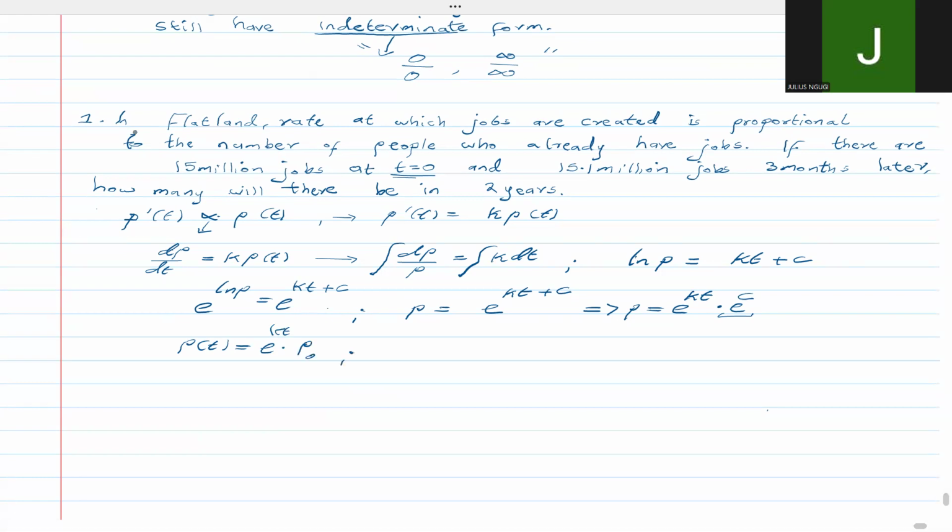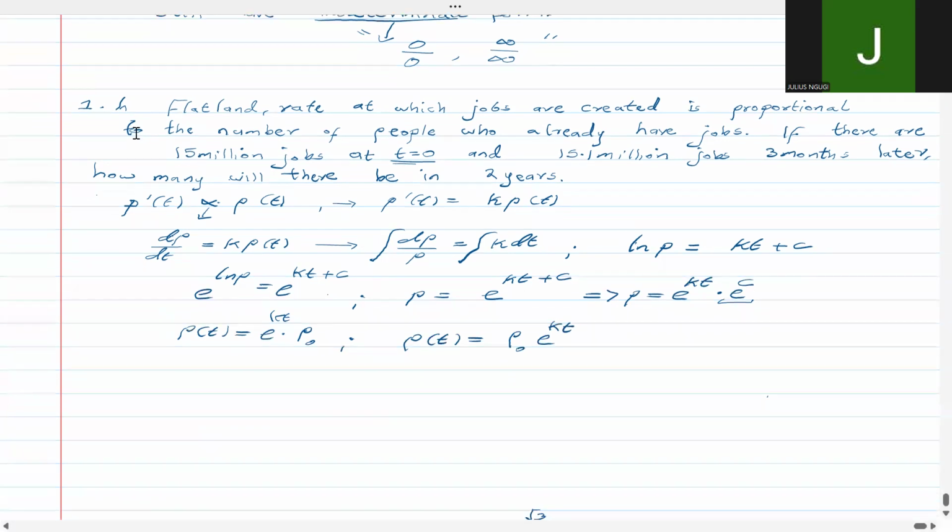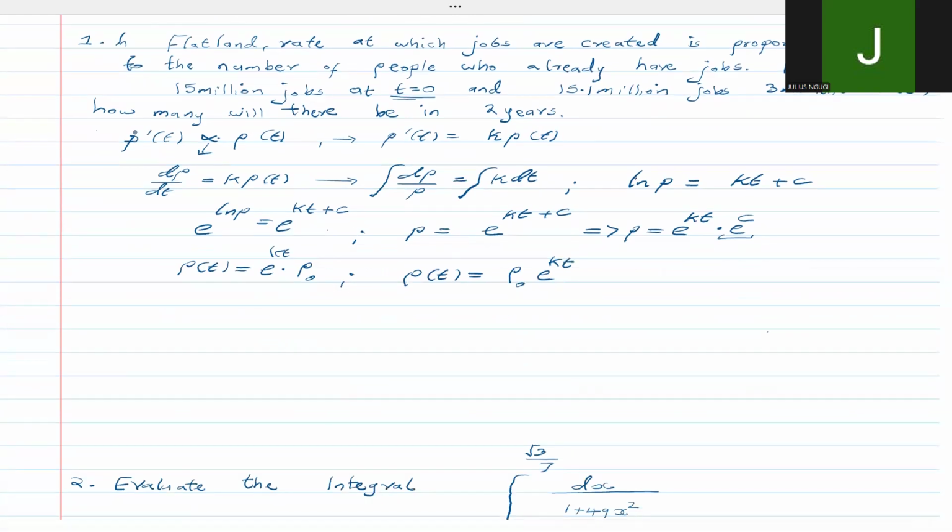So the arrangement of this equation is P of t equals P naught e to the power kt, where k is now the constant, or the relative growth rate, in our formulation.